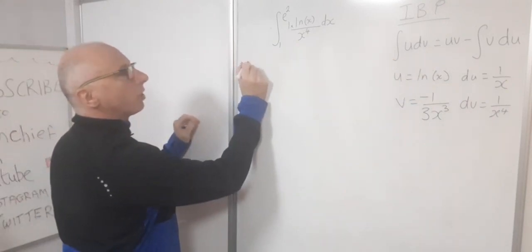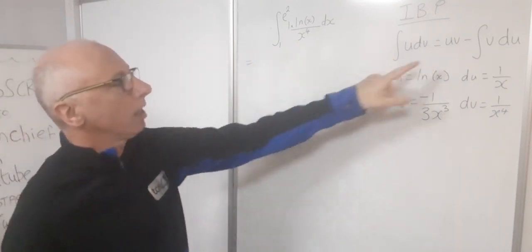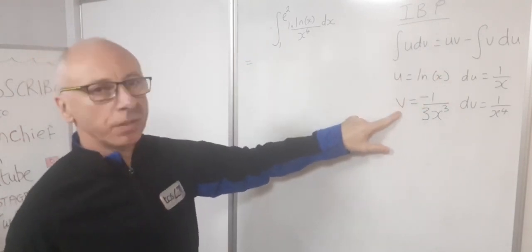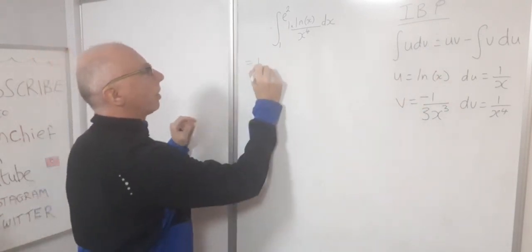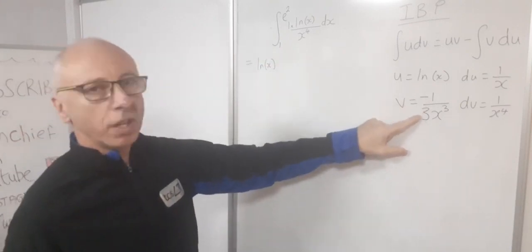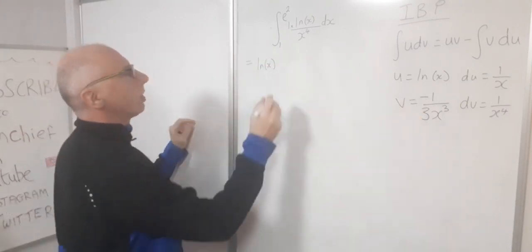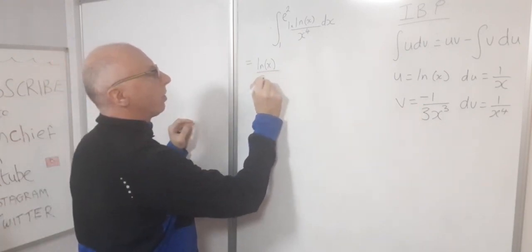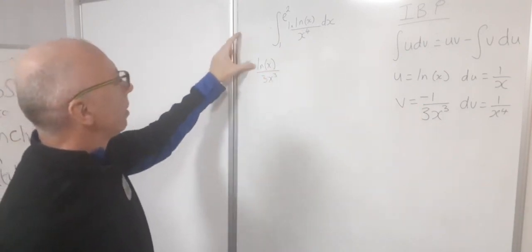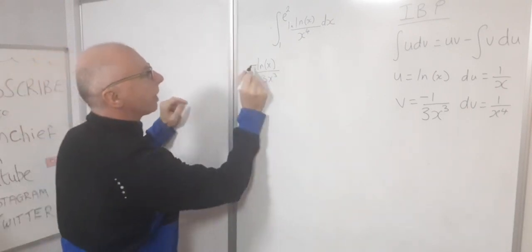Okay, so let's go straight into calculating our answer. So we've got uv, so u times v, this one times this one. So we've got log of x times v, which is minus 1 over 3x cubed. So it's over 3x cubed, and it's also a minus sign. So I'm just going to move these across a little bit.